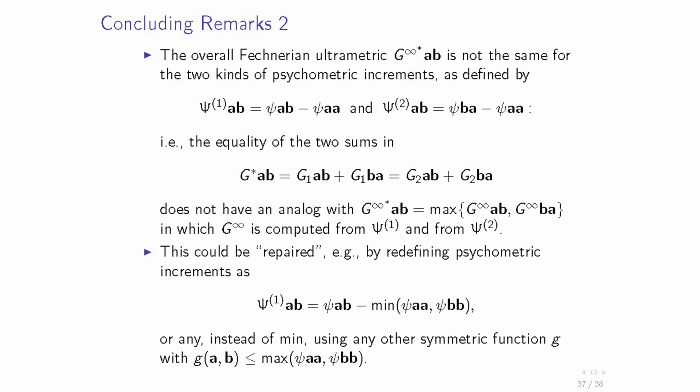This could be repaired by redefining the psychometric increments, for example, in this way, subtracting not AA or BB, but the minimum of the two or some other symmetric function of that. But that has to be explored a bit more.